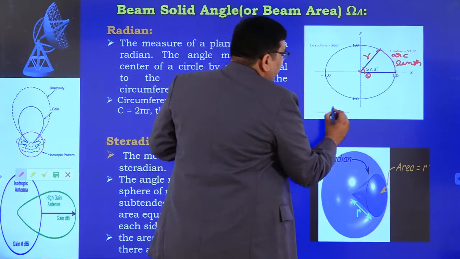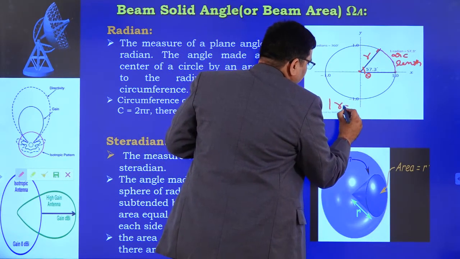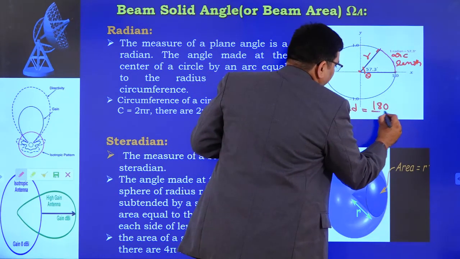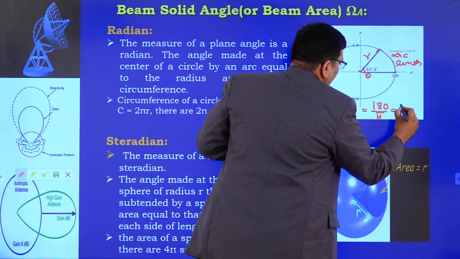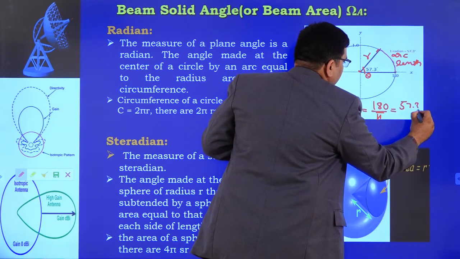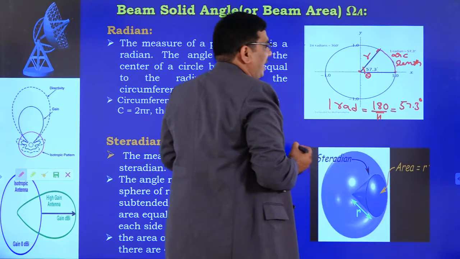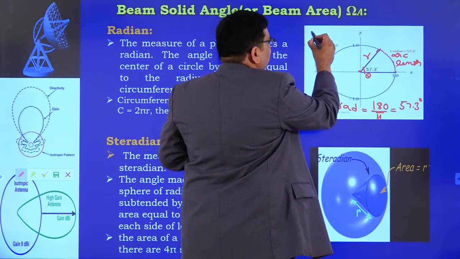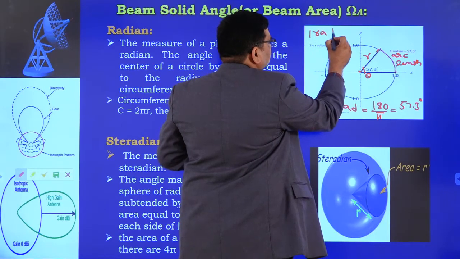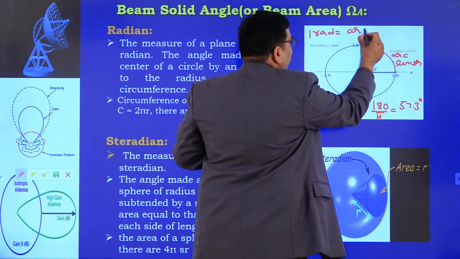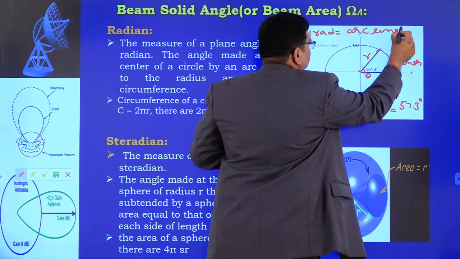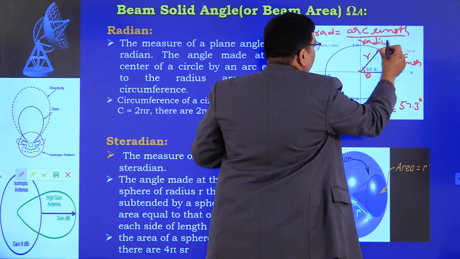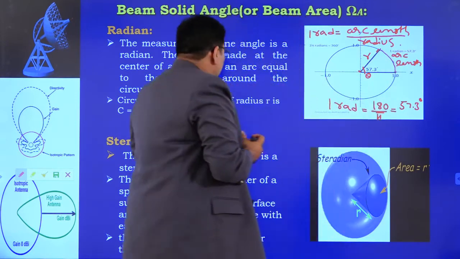So, 1 radian is equal to 180 by pi in degrees, which is 57.3 degrees. 1 radian is equal to the arc length divided by the radius.